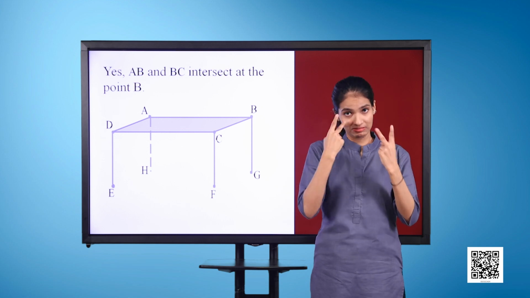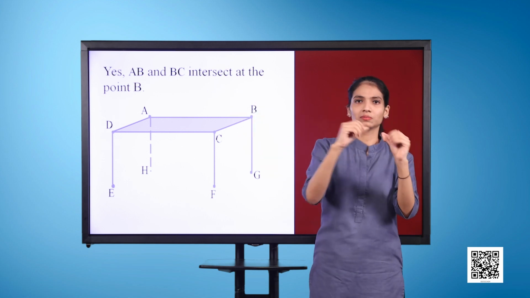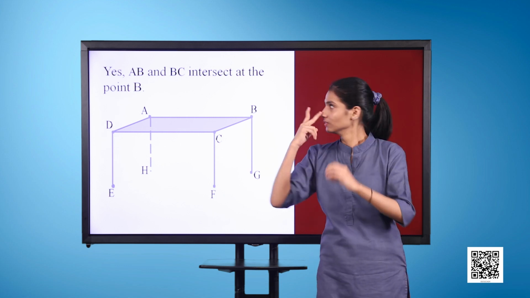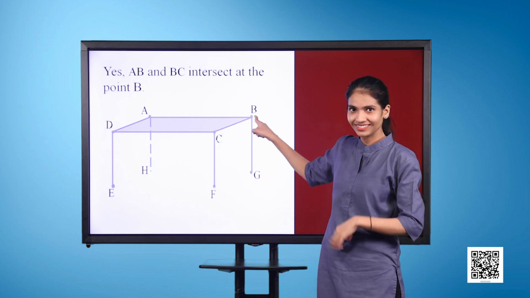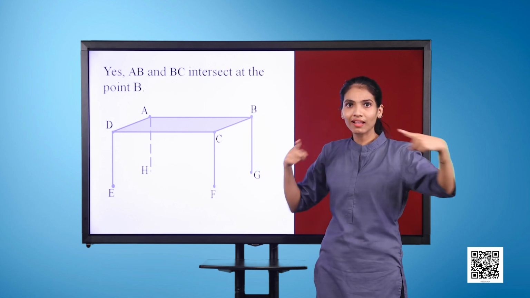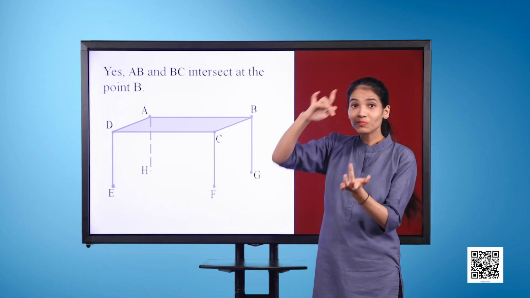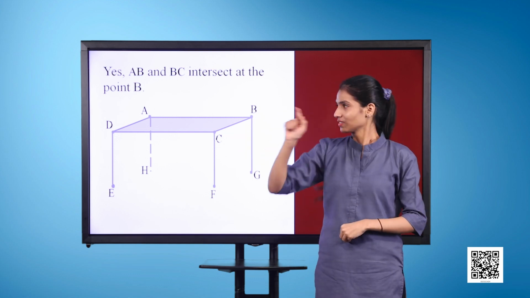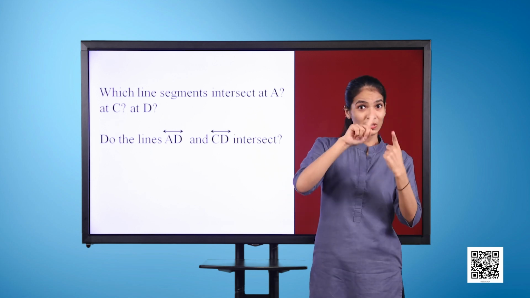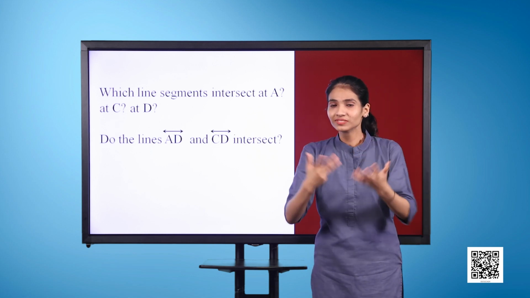Yes, AB and BC intersect at the point B. Which line segments intersect at A?